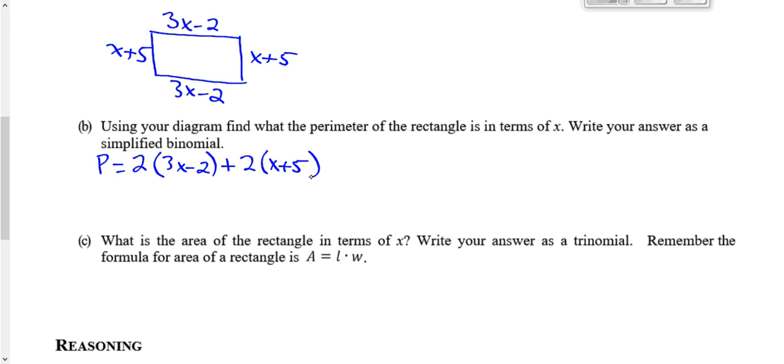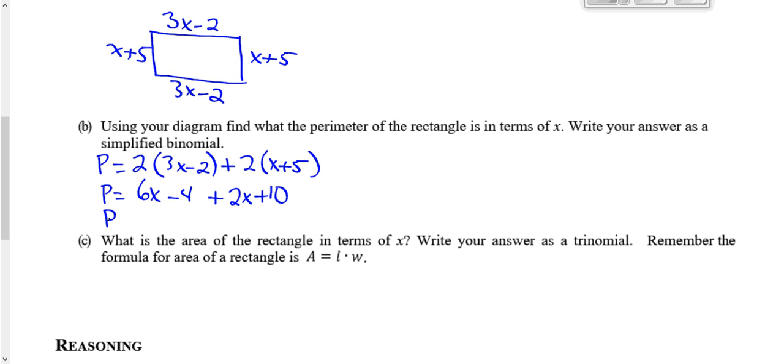So what I want you guys to do now is go ahead and distribute through and simplify all of that, right? So your next line will be perimeter equals, okay? So we're going to take a minute, distribute the 2 here and distribute the other 2. Well, it turns out it is 8x plus 6. Let's distribute through. 2 times 3x is 6x minus 4 plus 2x plus 10, right?